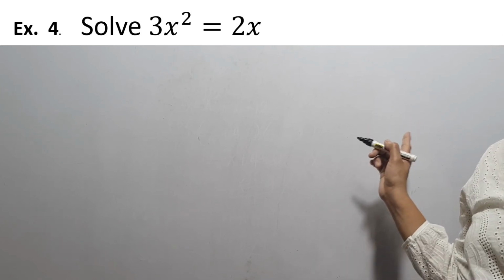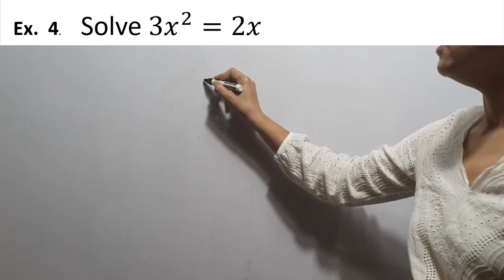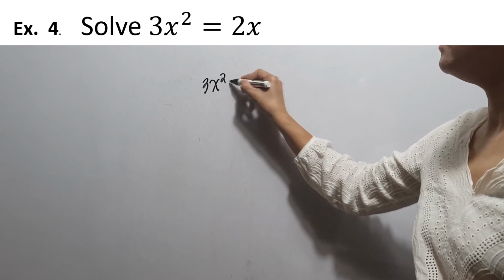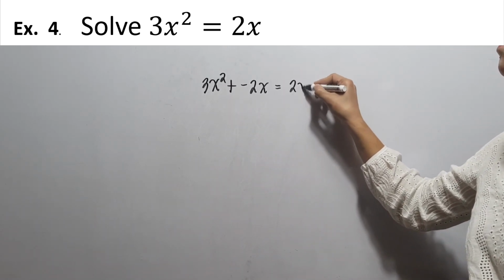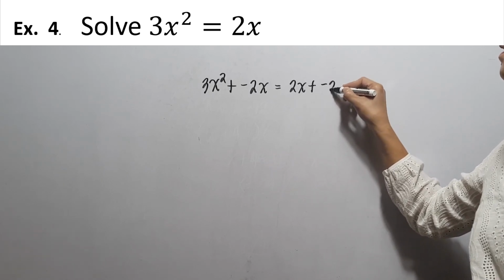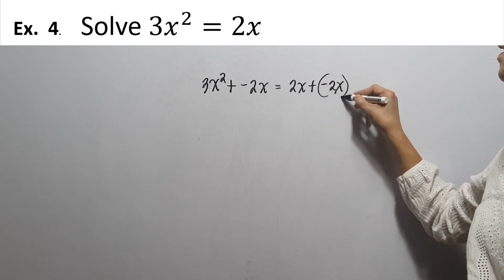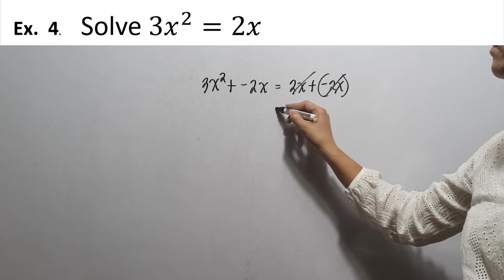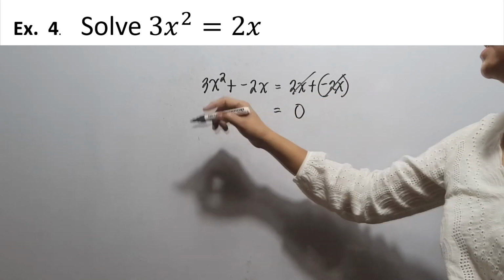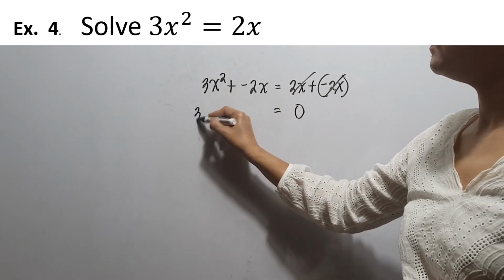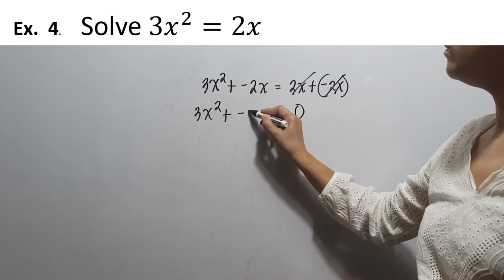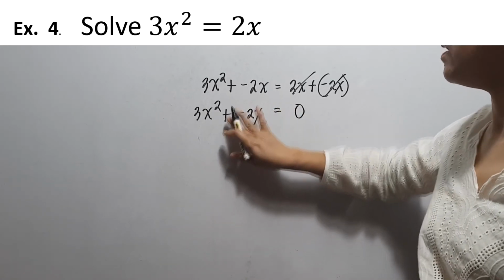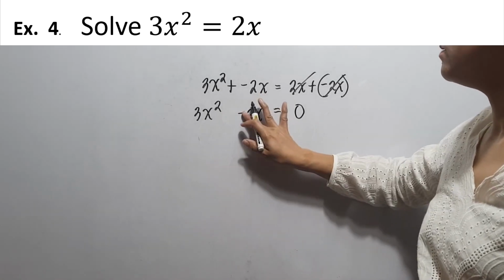negative 2x to both sides, no? So, 3x squared plus negative 2x equals 2x plus negative 2x, and 2x plus negative 2x is 0. So, the left side becomes 3x squared plus negative 2x, or 3x squared minus 2x.